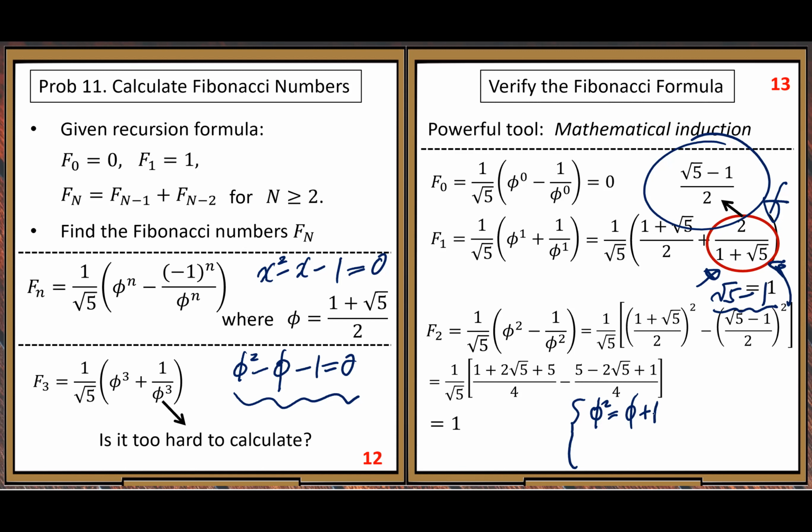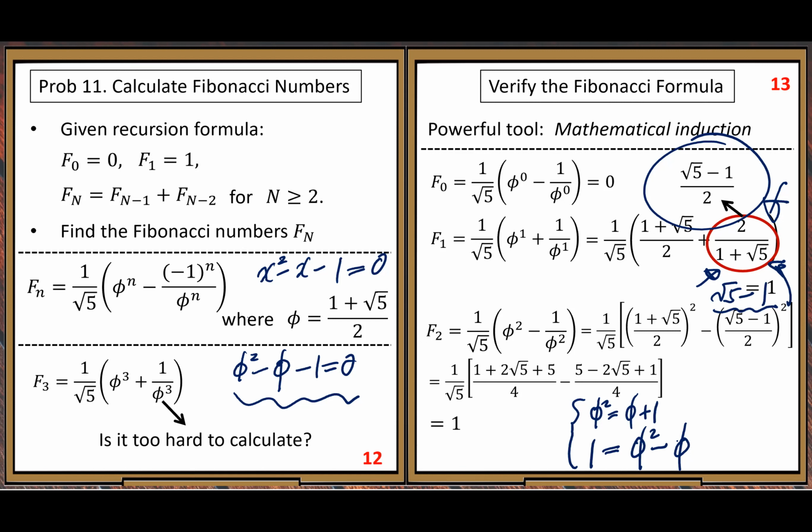Second property: 1 equals phi squared minus phi. These two properties could be useful when we calculate those expressions.